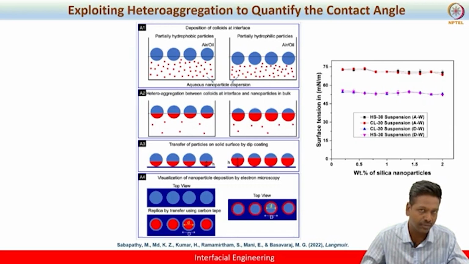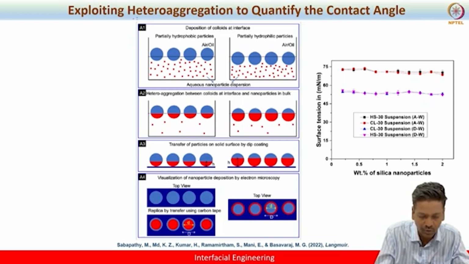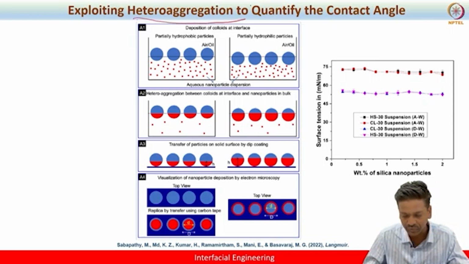Can the technique be used even for negatively charged particles? If that is the question, then the answer is no. But one can use a different technique to measure the contact angle for both positively charged and negatively charged particles. That is what we are talking about in this slide, which is heteroaggregation.